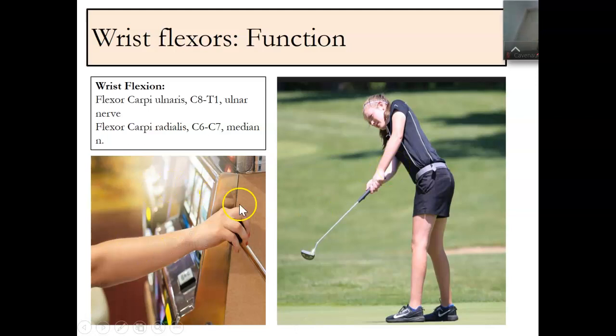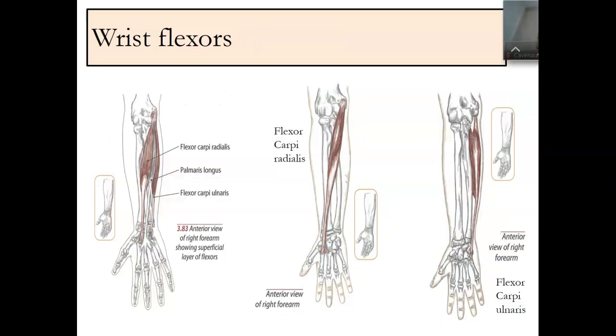I had a guy in the old days who had these slots like this. He got this golfer's elbow, which is basically just irritated wrist flexors from wrist flexion, from playing the slots all day. So excessive wrist flexion can lead to golfer's elbow. Excessive wrist extension can lead to tennis elbow.